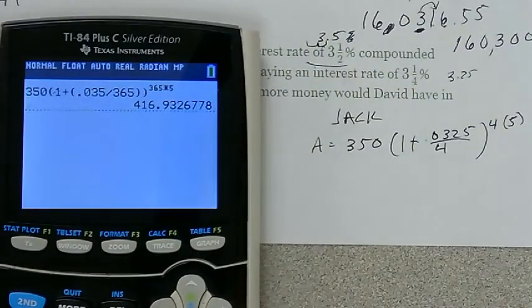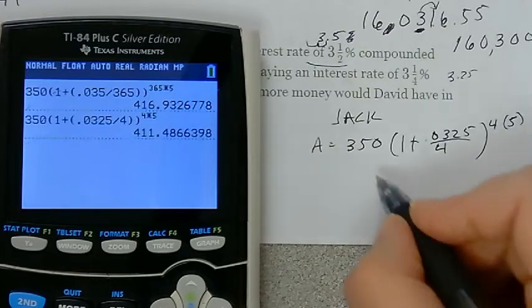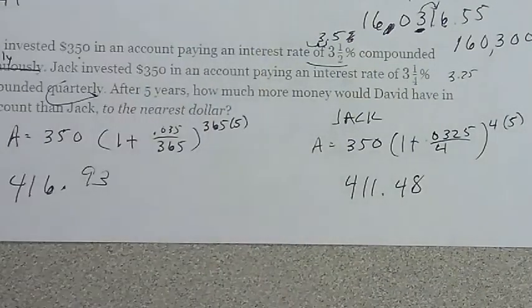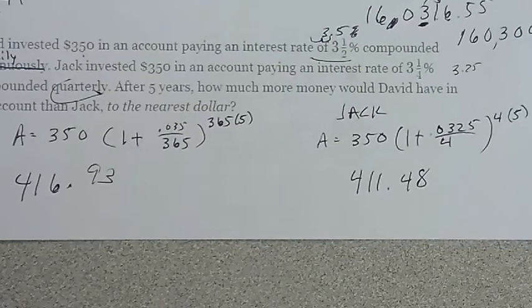And he has 350 times 1 plus... 411.48. So it says how much more would David have than Jack?